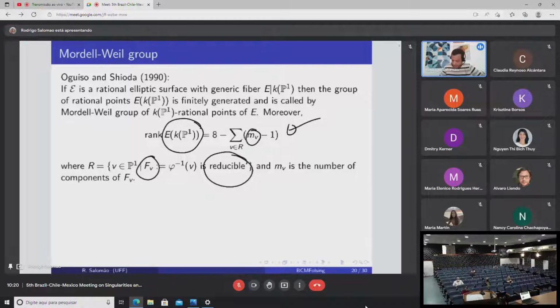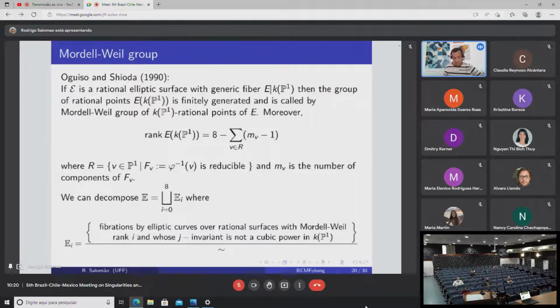In this way, we can decompose the set E into 9 pieces, where each piece, E_i, is exactly given by the equivalence classes of fibration by elliptic curves over rational surfaces with Mordell-Weil rank i and J invariant being not a cubic power.